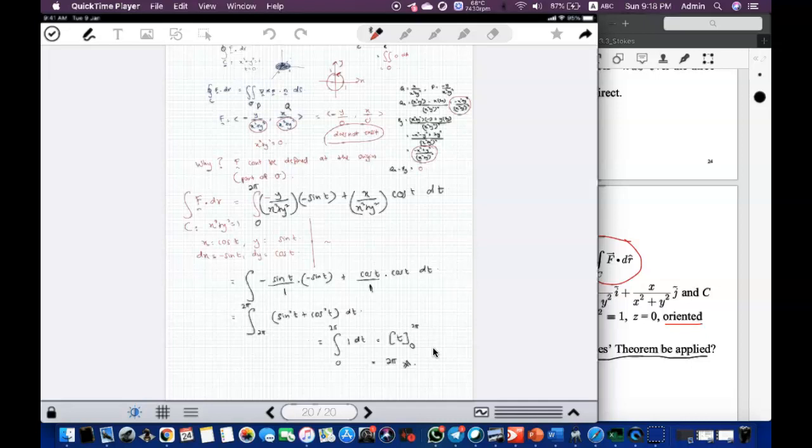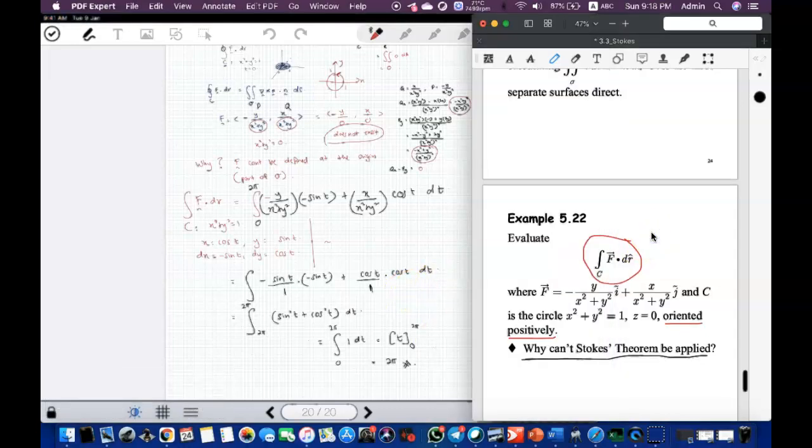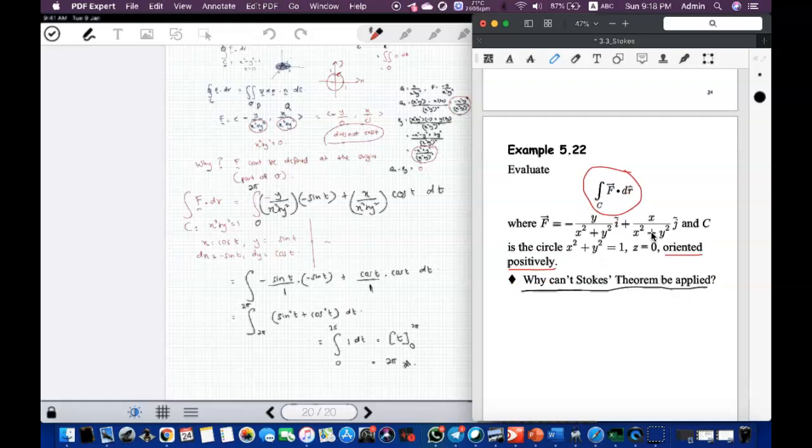It depends on the vector function provided. Okay, so that is another example, another thing that you have to think about, that Stokes' and Green's theorems are not applicable all the time.